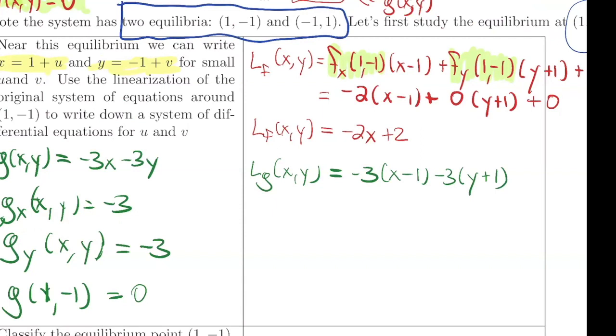And so we get minus 3 times (x minus 1), minus 3 times (y plus 1). Okay. Any questions there?